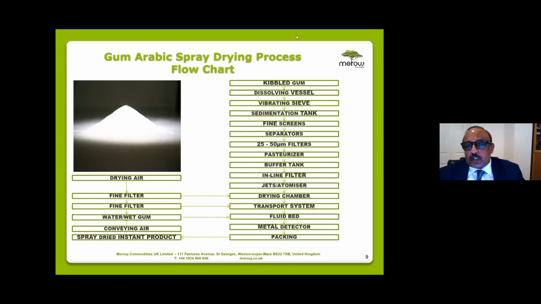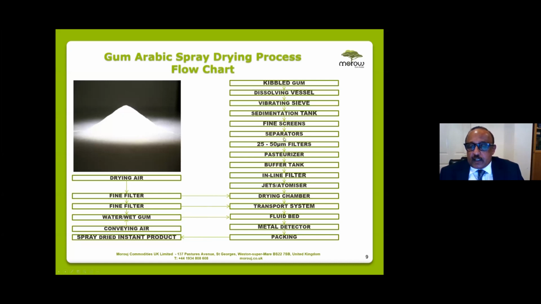Basically, we start with kibbled gum, dissolve it in water in dissolving vessels, then pass it through a vibrating sieve to remove large impurities, followed by the sedimentation tank. Then the gum passes through ultrafine screens, about 200 micron sieves, for the cleaning of the gum, followed by a very important cleaning step, which is the separators or centrifuge.